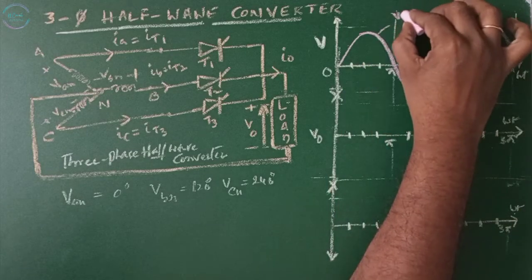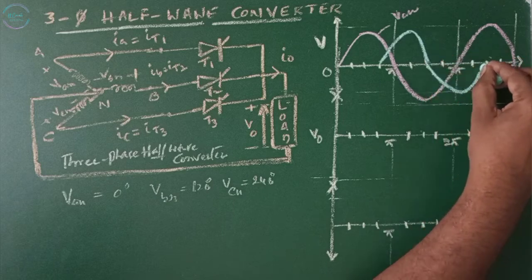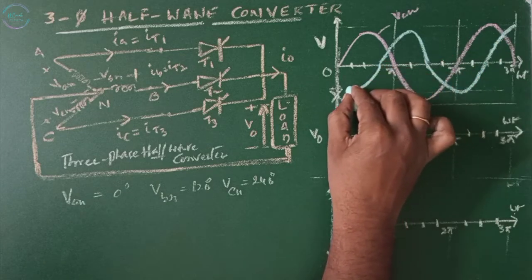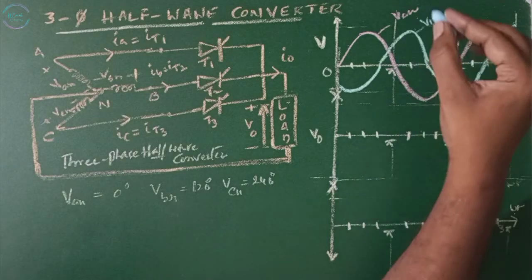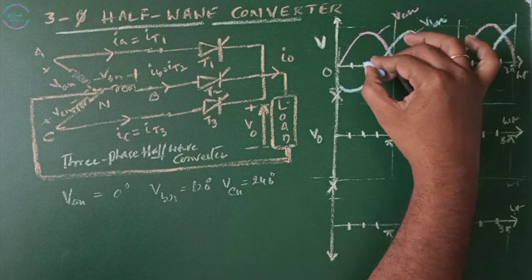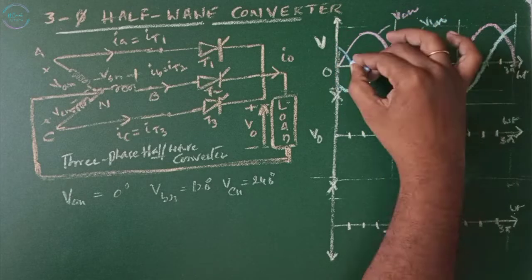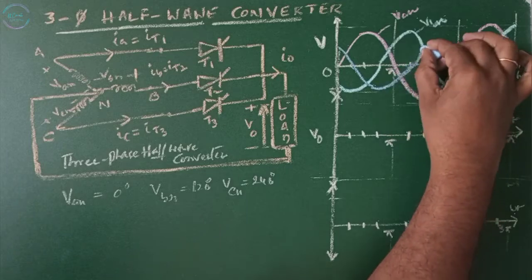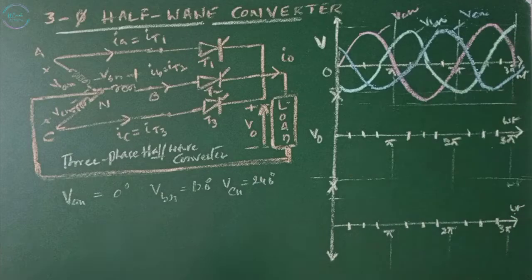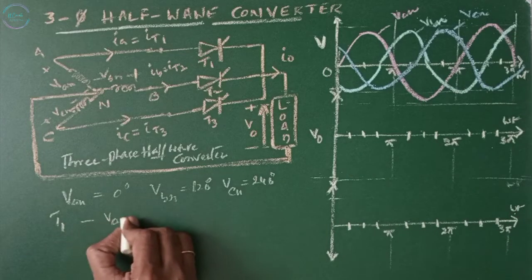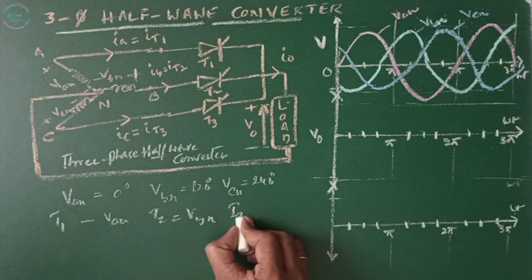This is VAN. VBN. VCN. T1 is connected to VAN, T2 is connected to VBN, T3 is connected to VCN.